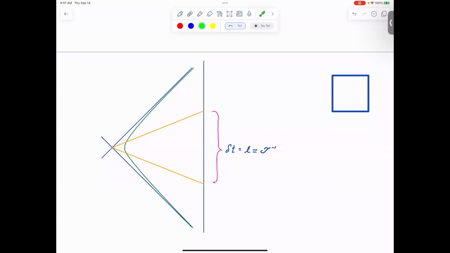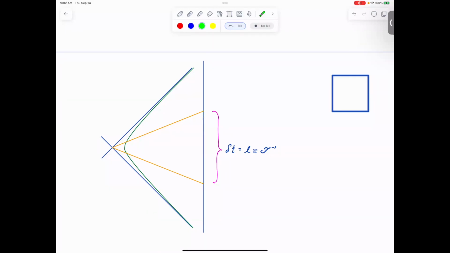A cosmic time scale of order L, of order J to the minus 1, means a unit hyperbolic angle here, one hyperbolic radian of time on the Penrose diagram. So a time of order L is just this much time.